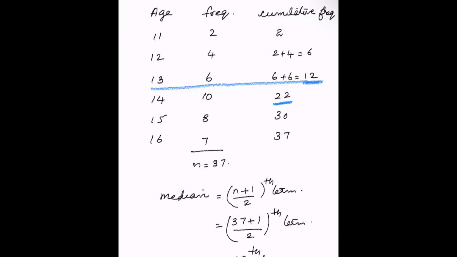But in this case, when you arrange the students in ascending order, the 19th student will be lying in this, right? His age will be 14 years. So the median for this is going to be 14 years, because the 19th observation is 14. So that is the reason.